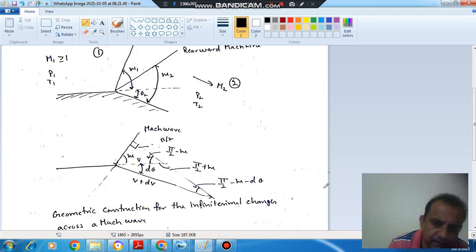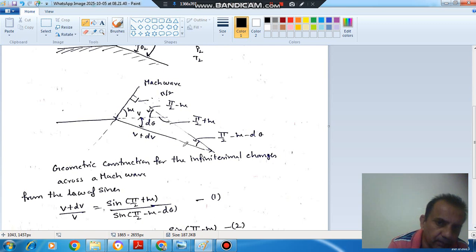So we can apply the sine rule in this. So v by sine of this will be equal to v plus dv by sine of this, or we can say v plus dv by v is equal to sine of pi by 2 plus mu divided by sine of pi by 2 minus mu minus d theta. Suppose this is equation number 1.